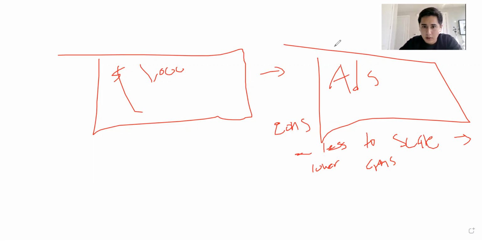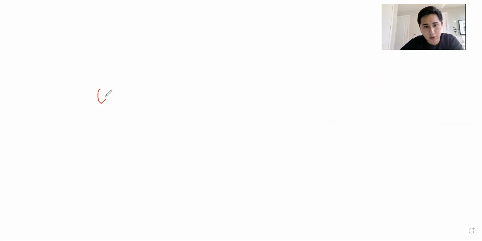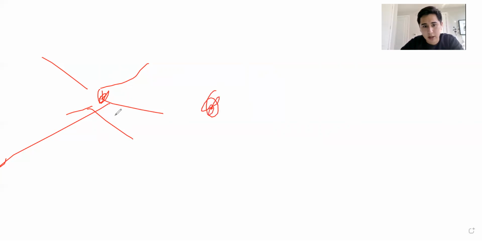Well, what I like to do is create multiple architecture, a decentralized system when it comes to ads. Instead of one ad firing off, we have multiple. I know my handwriting sucks, but in theory, you have multiple campaigns firing off and you're more likely to be able to scale because you have a decentralized system.